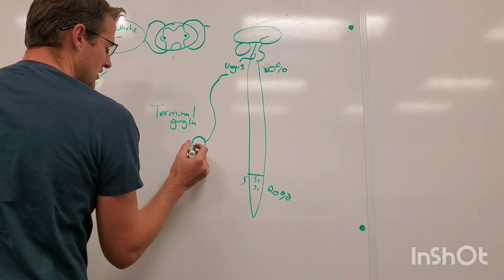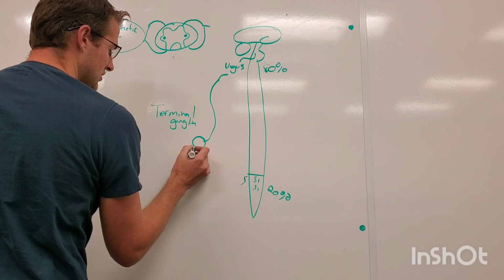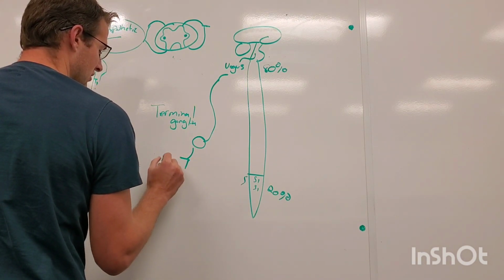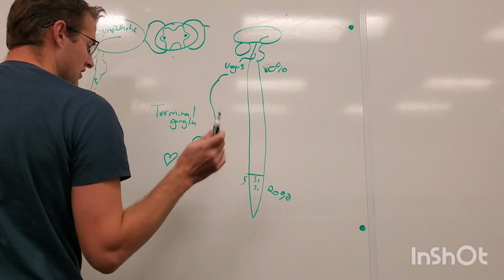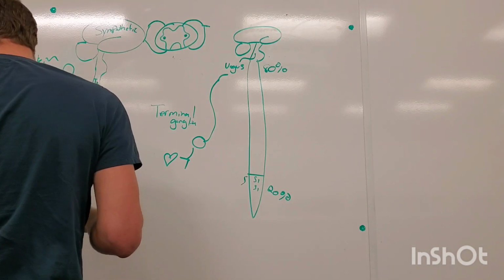So it's going to synapse here, and then you're going to have an effector organ close by, your heart, your lungs, stomach, anything like that. Like I said, with the parasympathetic, that's going to be more of a rest and digest action on the body.